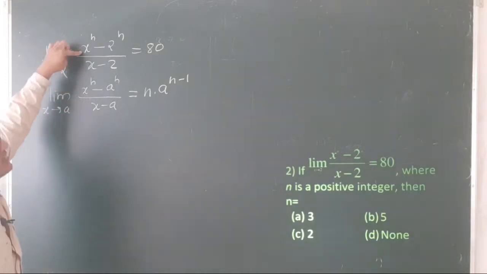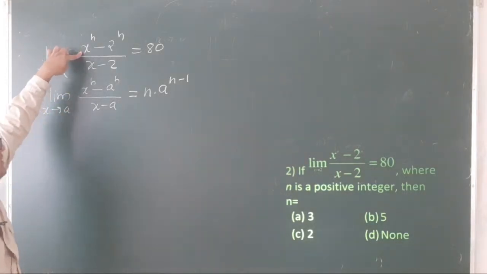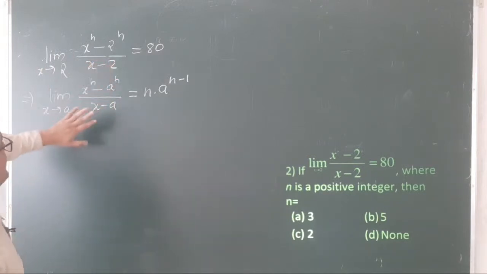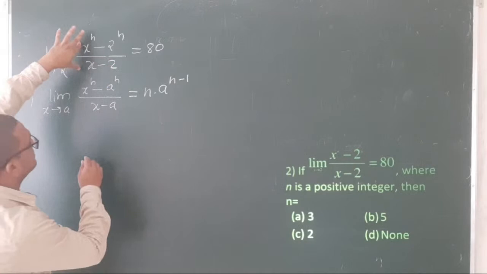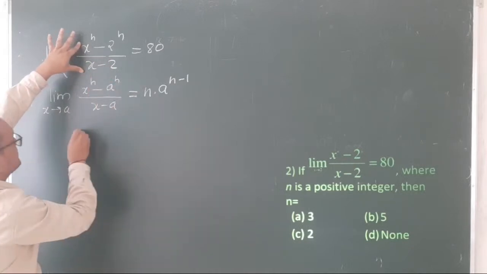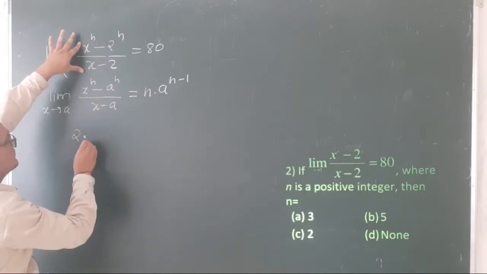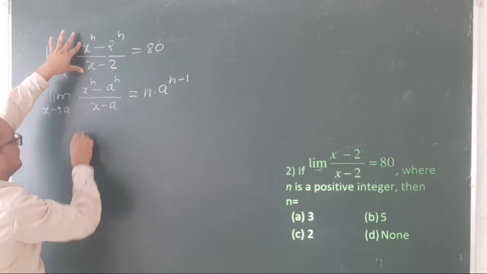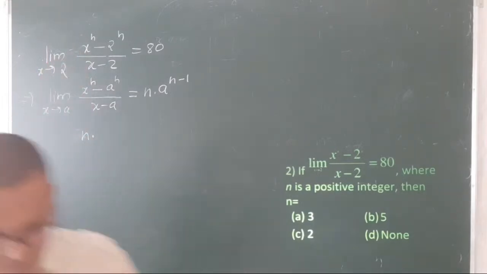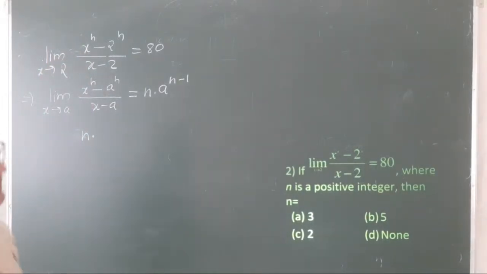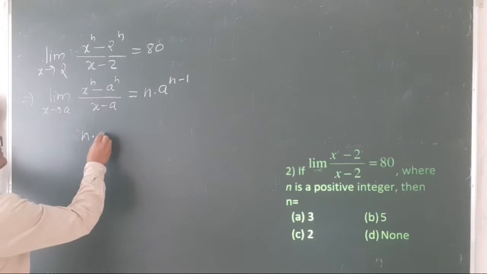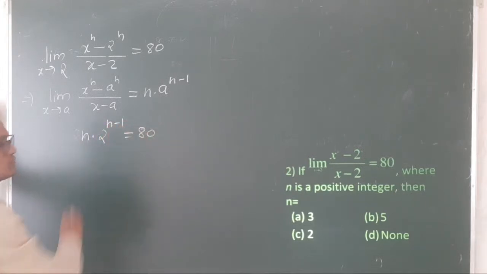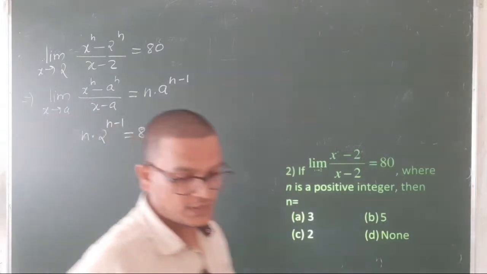So the same result is there here, only in place of a we have the number 2. So as per this result, the value is n into 2 to the power n minus 1, which is equal to 80.